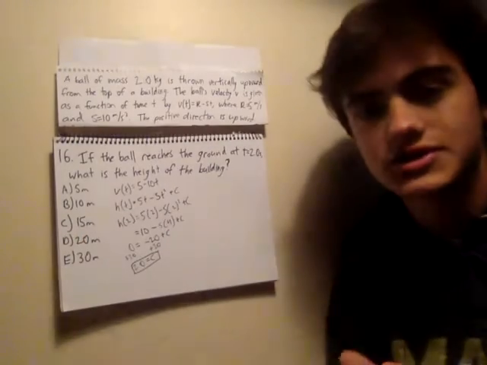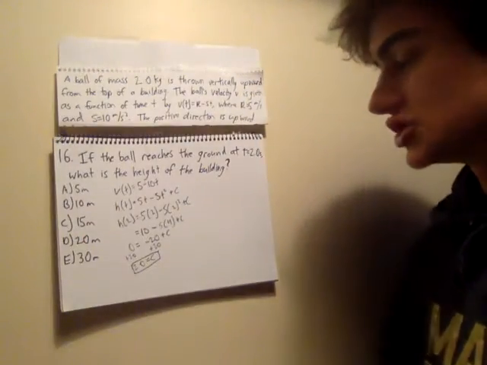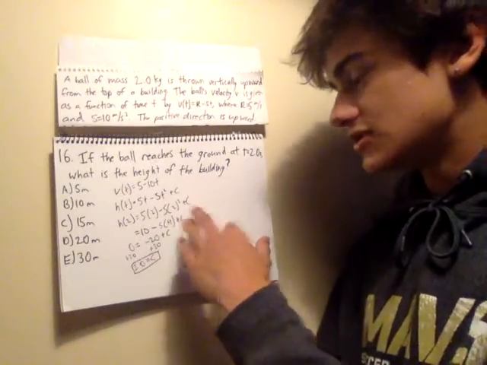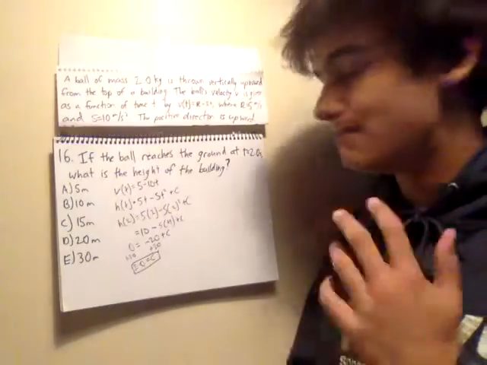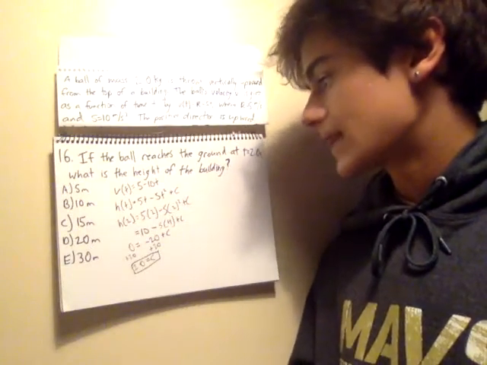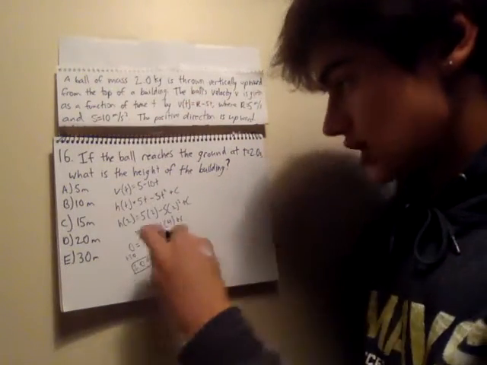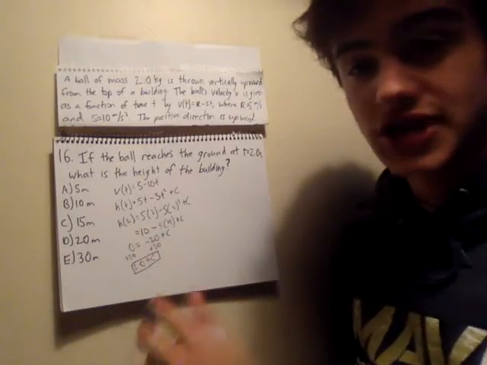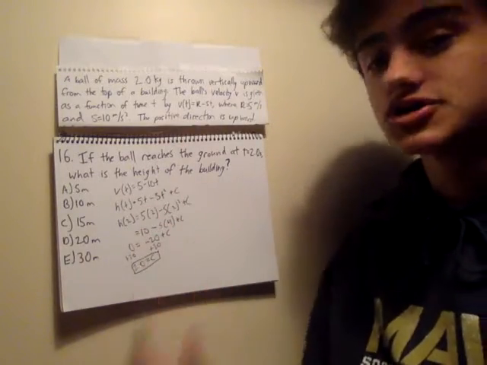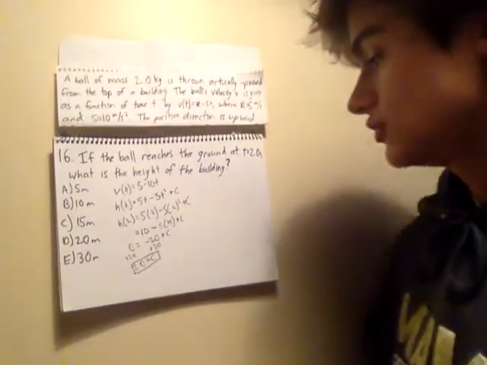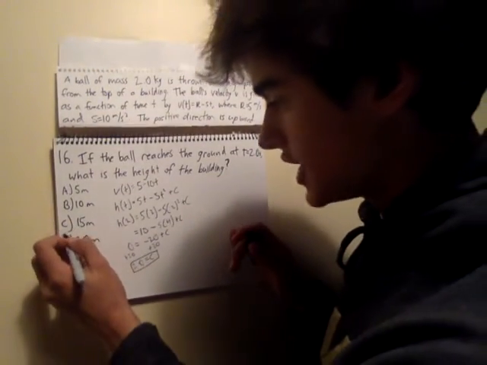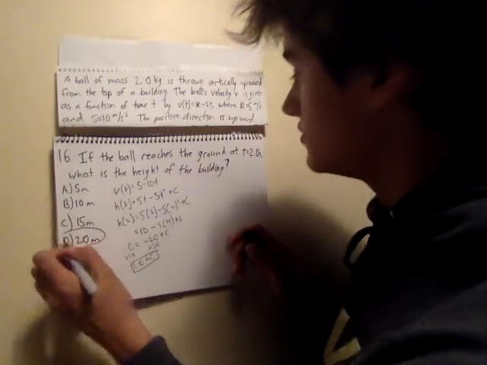And again, let's look at what c means in this equation. C, the constant in our antiderivative function, is the height of the building, because at time 0 the height starts at the height of the building before the ball is thrown upwards. So from this, we know that D is the correct answer, 20 meters.